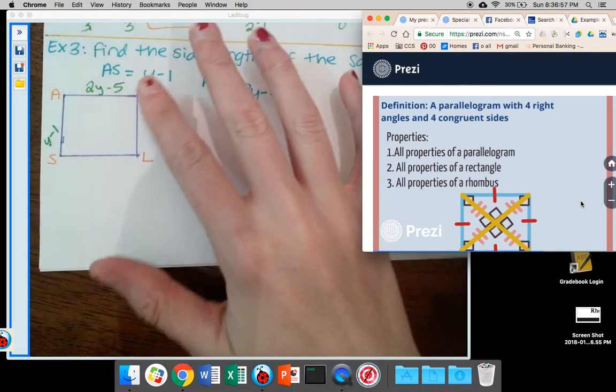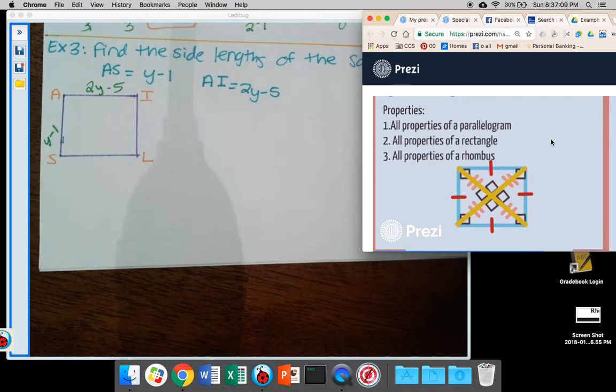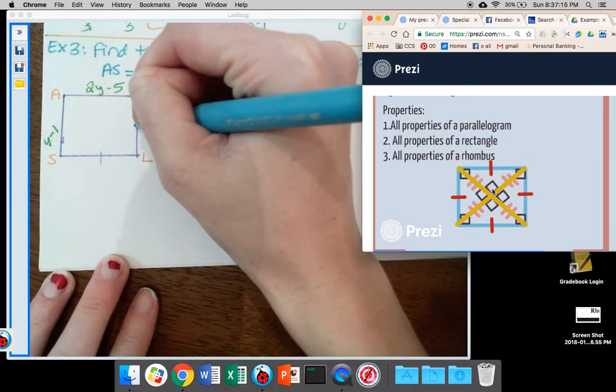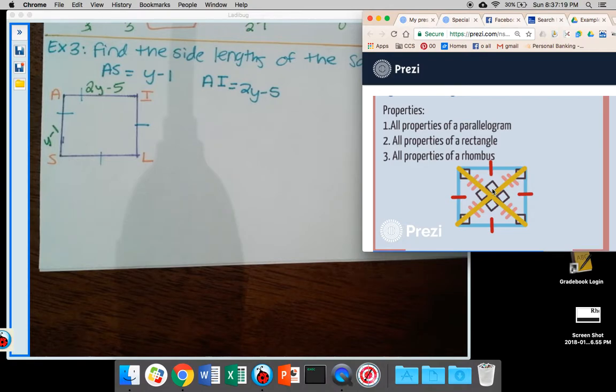Well, this has to do with side lengths of a square. So do any of these things pertain to the side lengths of a square? In a square, it has 4 congruent sides. So that means every side is equal in length. This side is congruent to that side, which is congruent to that side, and congruent to that side.